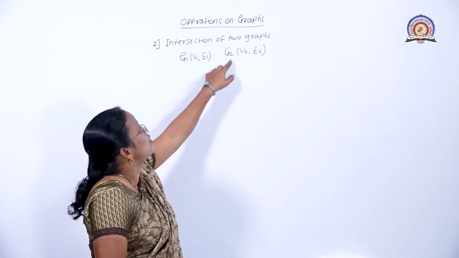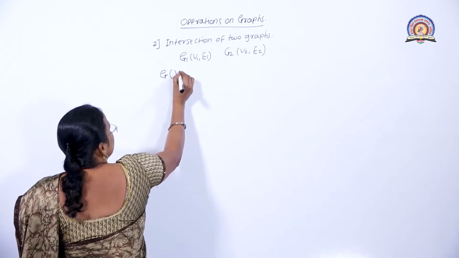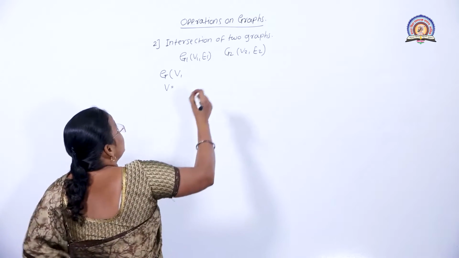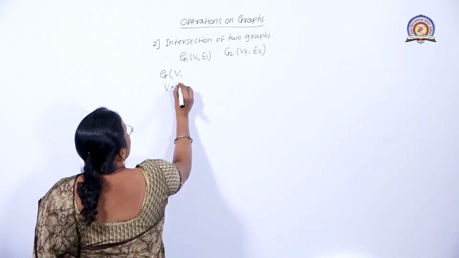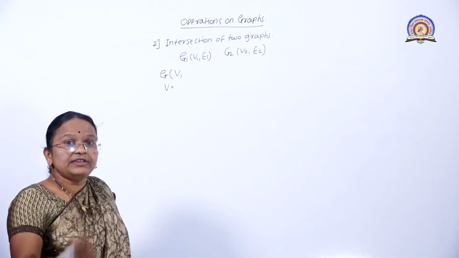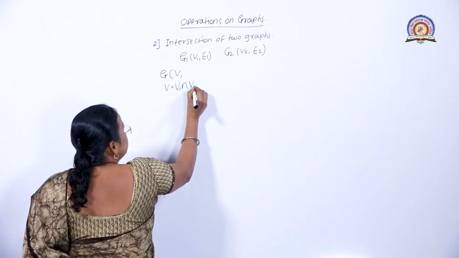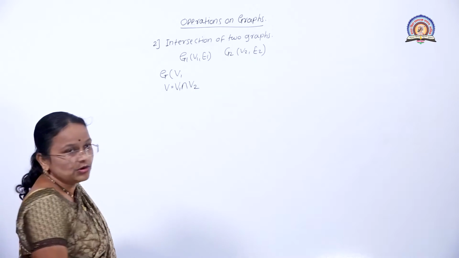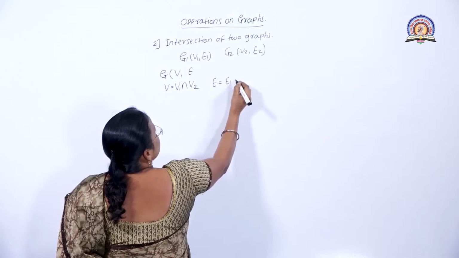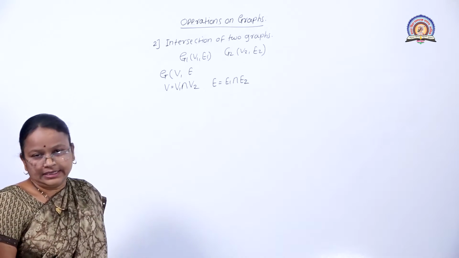Then the intersection of these two graphs is a graph whose vertex set V is the set of all vertices which are common to both V1 and V2, that is V1 intersection V2, and whose edge set E consists of those edges which are common in both, that is E1 intersection E2.